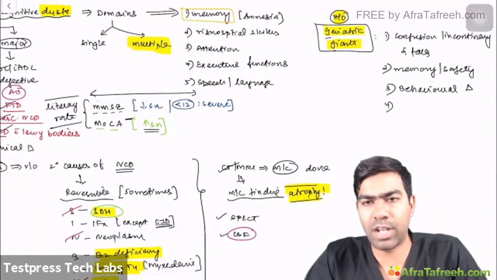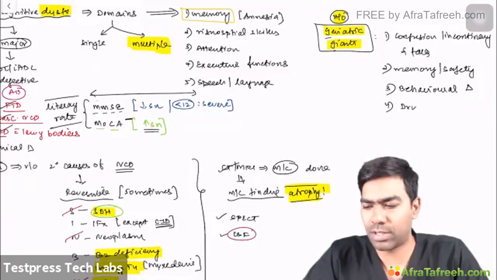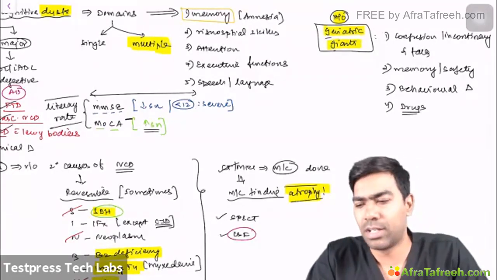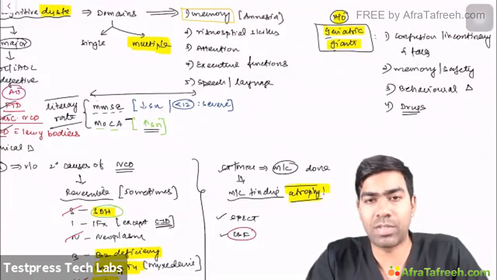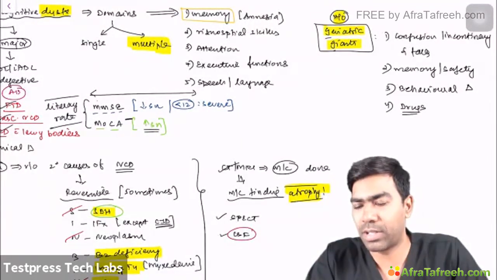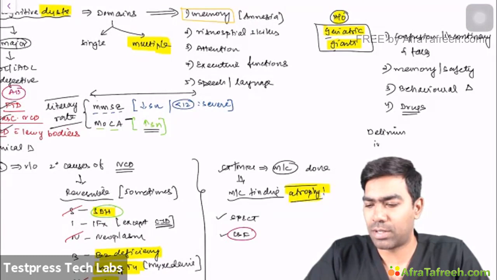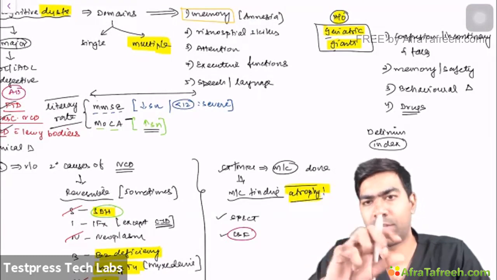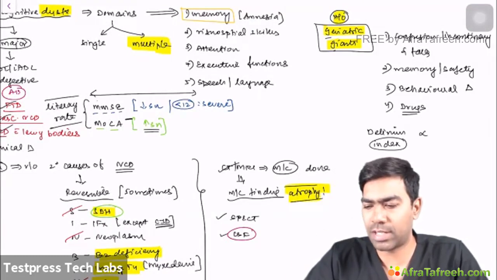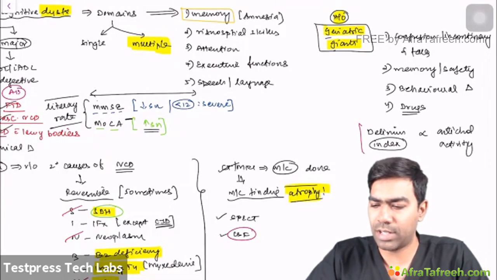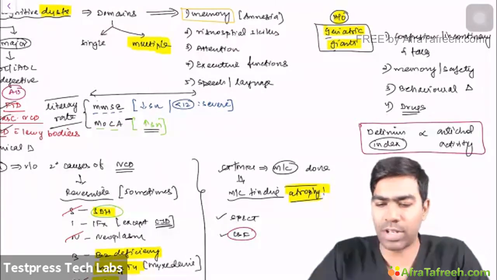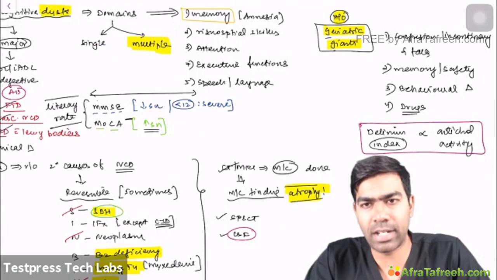Then finally, you have to check for the drugs that the patient is taking, because there are some drugs which can cause delirium. So remember, the delirium index of a particular drug is directly proportional to its anticholinergic activity, which means any drug that has anticholinergic activity can produce a substantial amount of delirium in the population, especially in the elderly people.